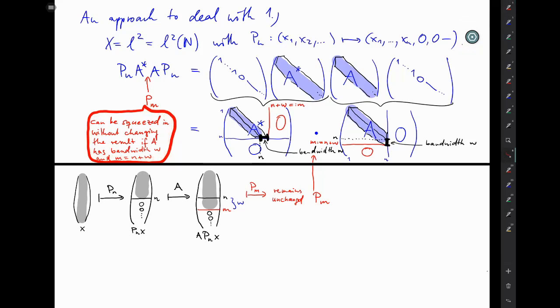Now you will say that in many applications your operator or matrix A is not of this type, at least not with a sufficiently small bandwidth, because it has non-zero entries everywhere. But very often these entries go to 0 as their distance to the main diagonal grows.